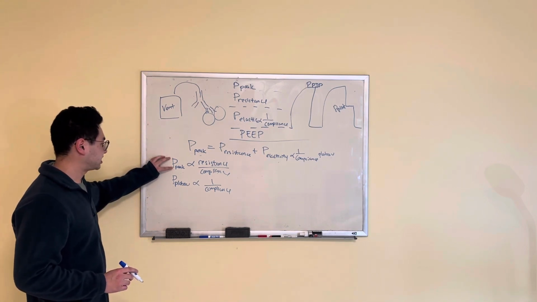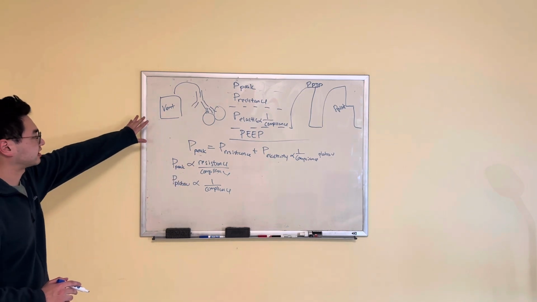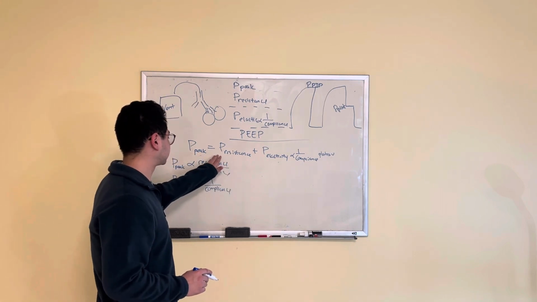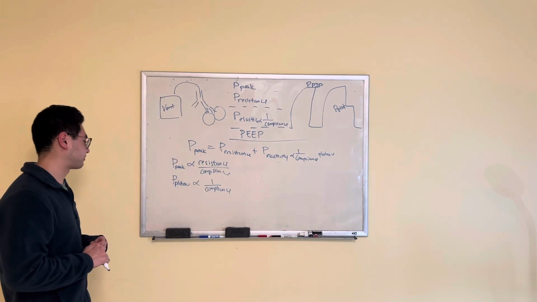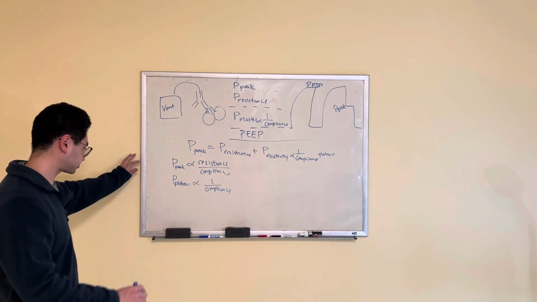How we show that the peak pressure is related to the resistance over the compliance is by treating this like a circuit. And it's a series circuit because the pressures are summed up from one another. That's how we're able to sum up all the pressures.